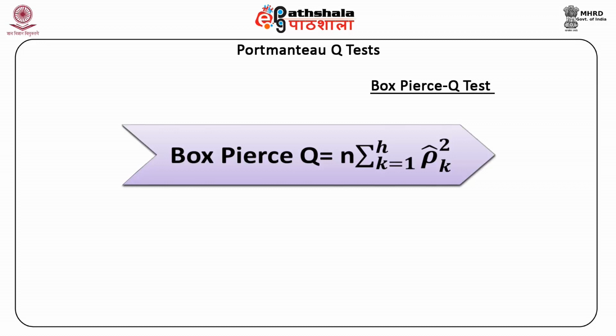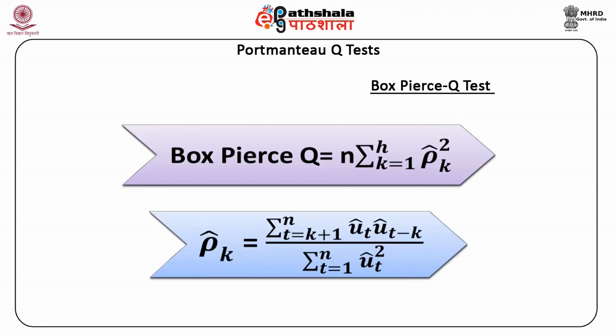Rho hat is the estimated autocorrelation function known as ACF, and it is given as rho K hat is equal to sigma UT hat UT minus K hat, where T is equal to K plus 1 to N, upon sigma UT hat square.